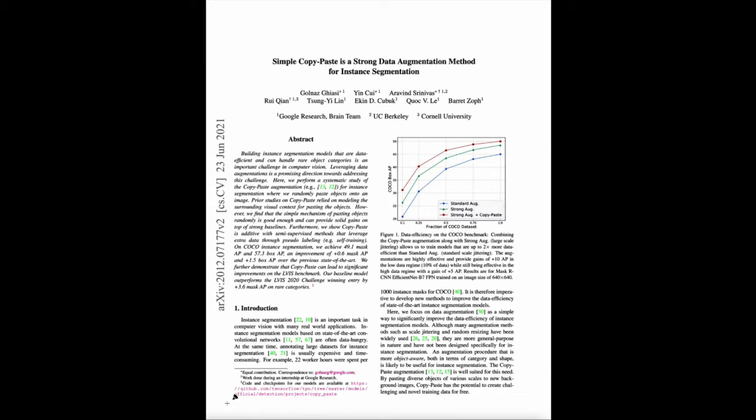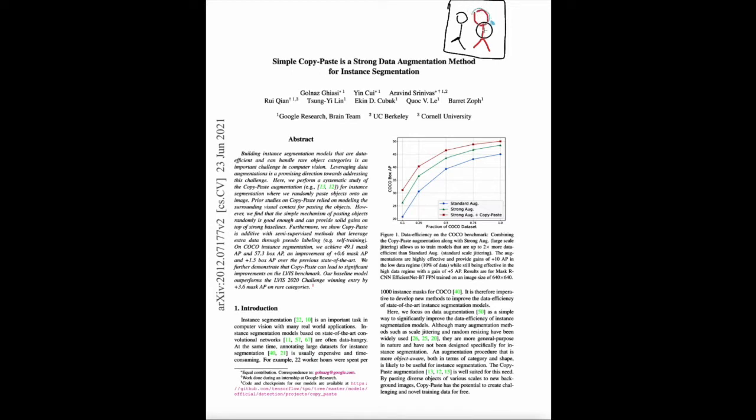And why do we need that? You know that instance segmentation, for those who are not familiar with it, is basically a problem where you have an image with many objects in it. Let's say I have this person here, I have another person here that is far from the sun, and you basically want to have them segmented.